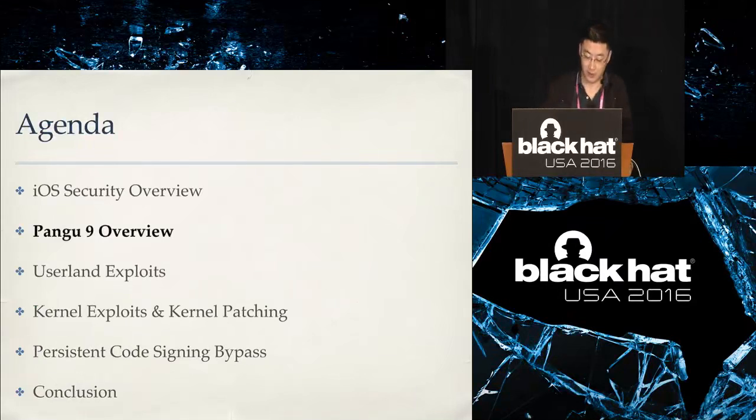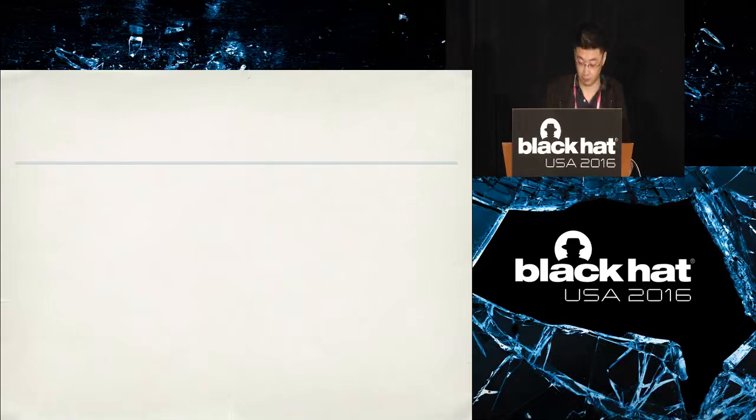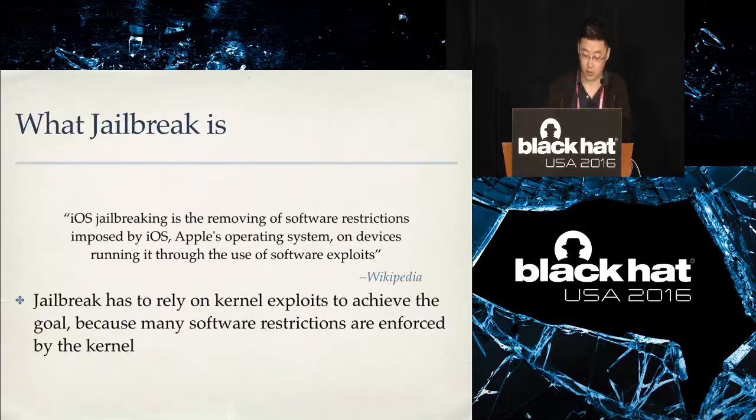Now, let's see how we design Pangu 9. Just in case some people here have no idea what jailbreak means, jailbreak is a process to remove some software restrictions imposed by iOS. Actually, we know there are a lot of security mechanisms we just described, like code signing, sandbox, and you don't have root access to the file system, and so on.